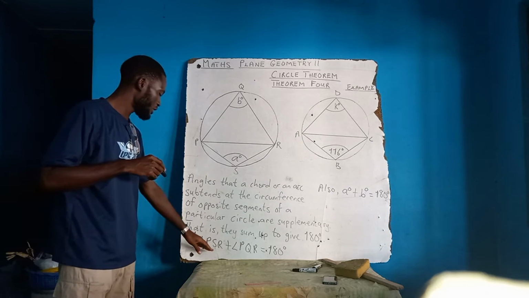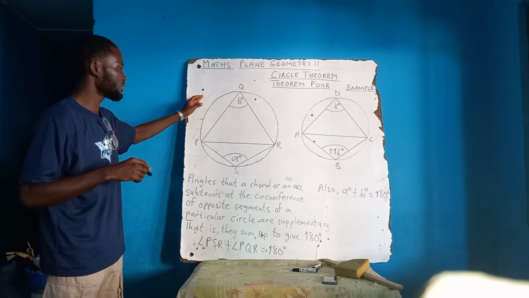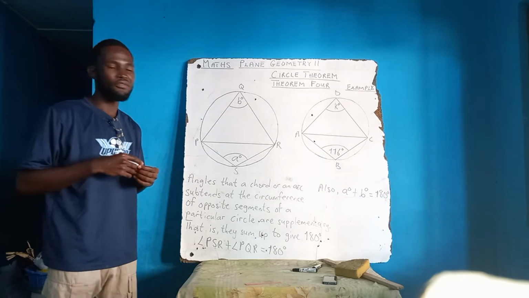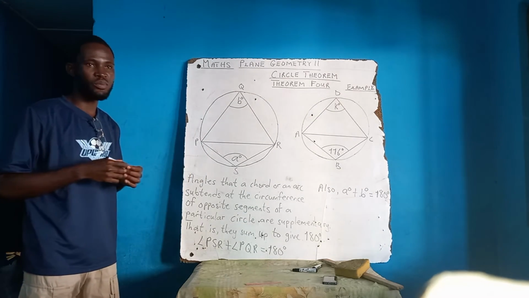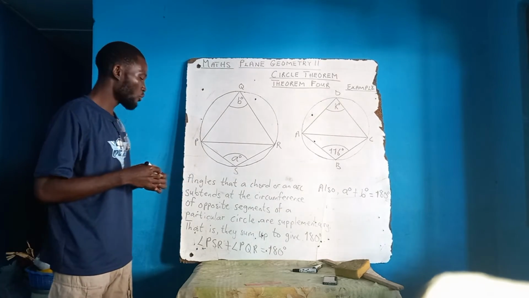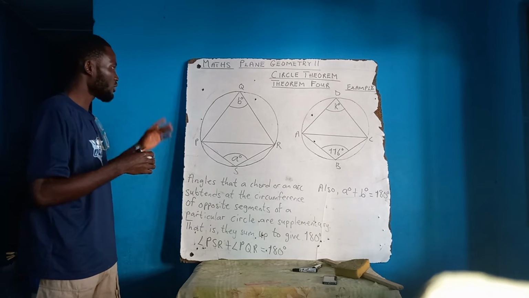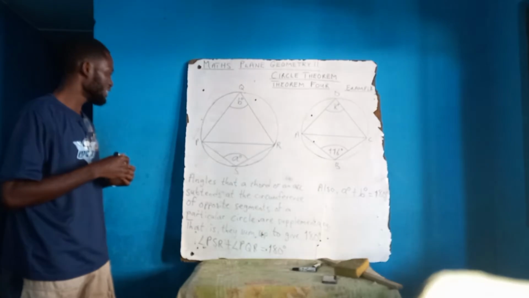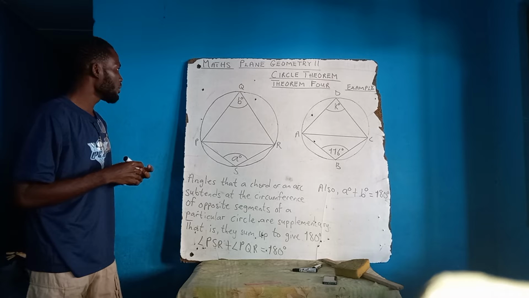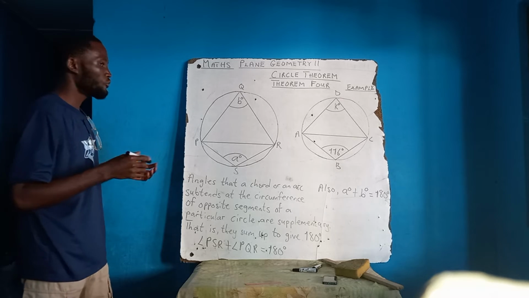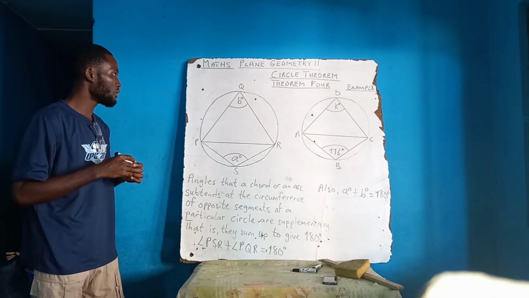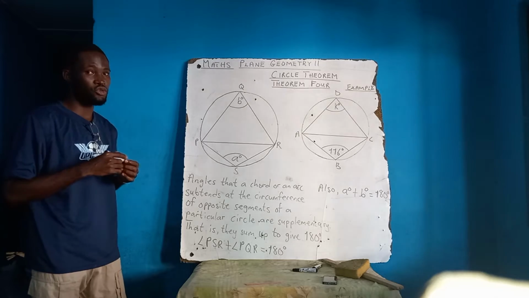So either we are using the three-letter representation of angles, or we are representing the angles with variables. Our relation or equation will be in either of these forms, representing the respective opposite angles at the circumference of the circle. So this is what our Theorem 4 for circle theorems or plane geometry 2 entails.